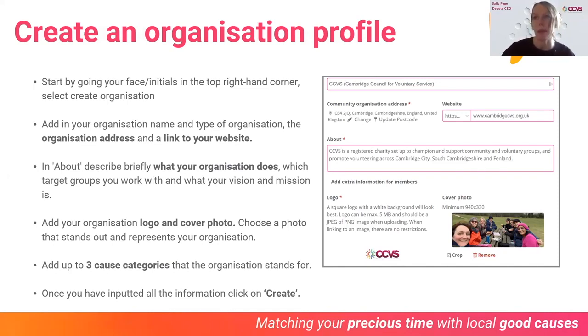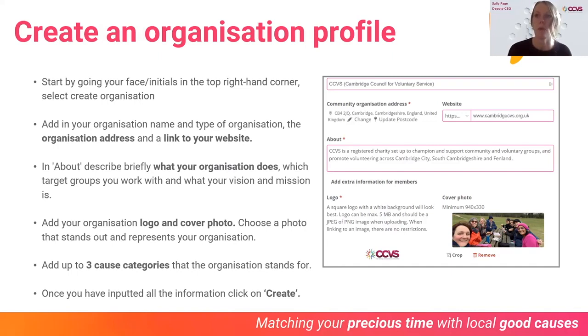You've then got the About section. This is essentially where you briefly describe what your organisation does. It might be the target groups that you work with, what your vision and mission is. But my advice would be, you have a limited number of words here. You want it to be quite snappy, quite clear, a sentence or two max. It won't let you go over that.